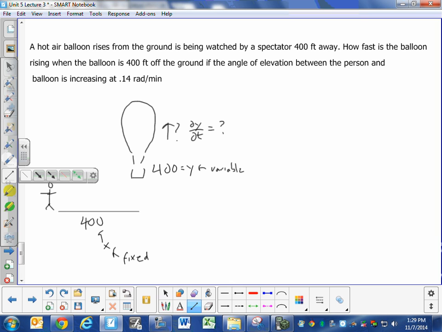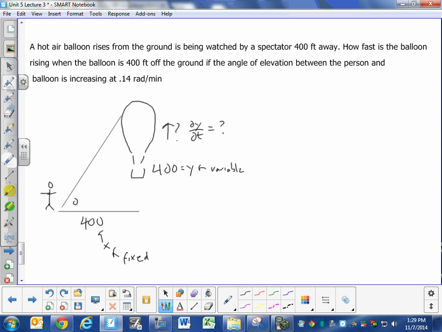So we are dealing with angles here. This is theta, and we are told that the angle is increasing at 0.14. Of course, this is a changing value theta, but we will be able to find theta at a specific moment.